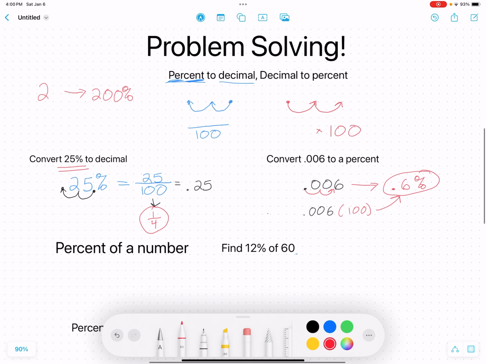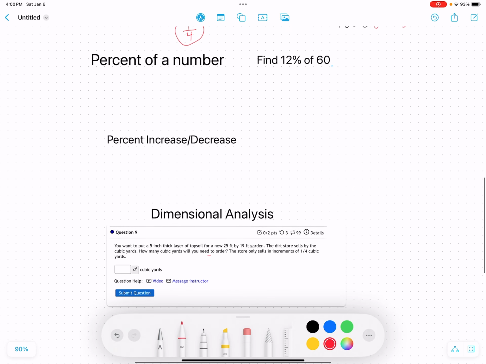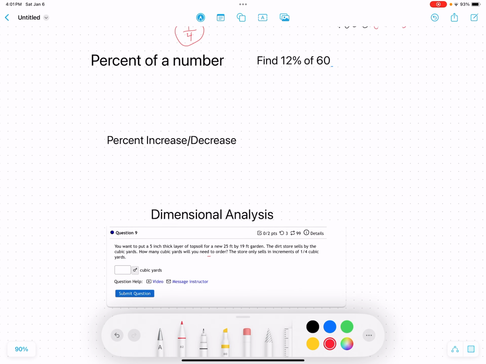Let's talk about the percent of a number. Suppose I want something like 12% of 60. If I want 12% of 60, the first step is to take this percent and make it into a decimal.